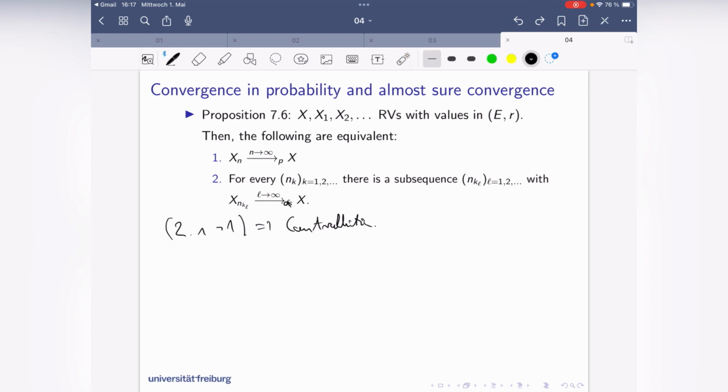So take n_k such that the expectation of ρ(X_{n_k}, X) minimum 1 has a limit bigger than 0, like this here. Then I have a subsequence. Since 2 holds for this subsequence, there is another subsequence such that we have almost sure convergence.